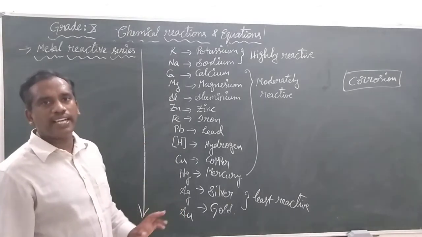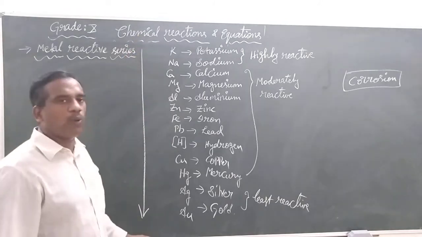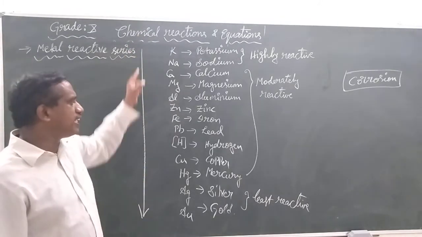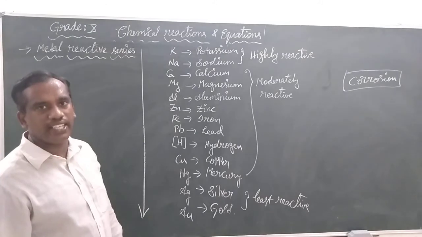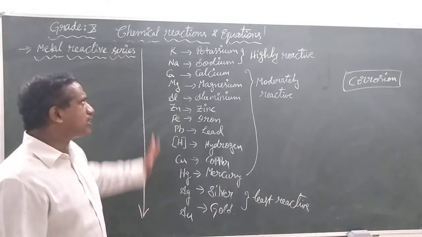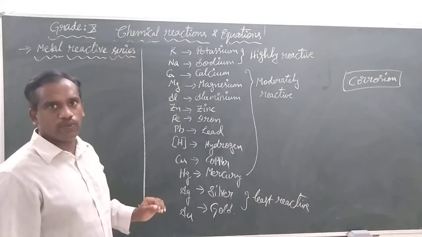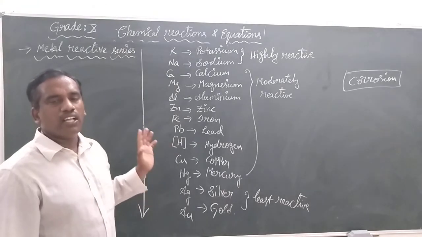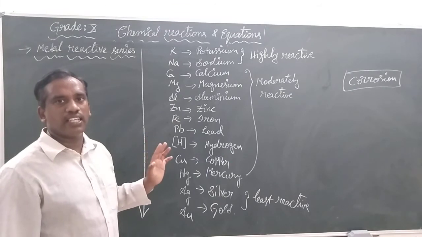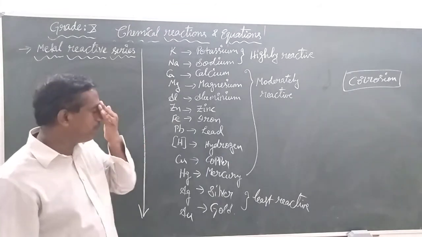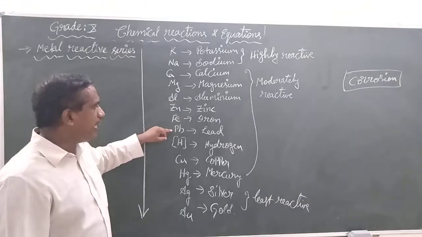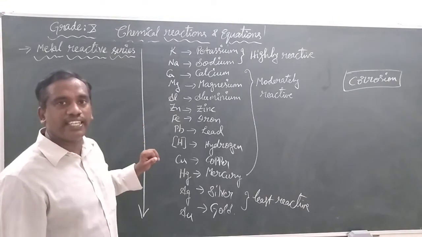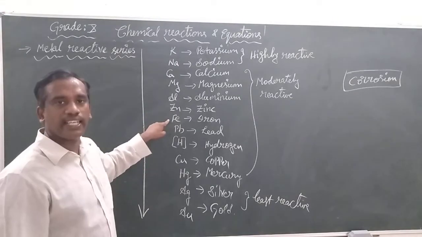So this metal reactive series is from top to bottom. It shows that this is the decreasing reactivity in the series. Or we say the top are highly reactive. So once we know about this metal reactive series, then we can clearly understand the displacement reaction. Means we can study lead and iron. If you take iron and lead, which is highly reactive, iron is highly reactive.